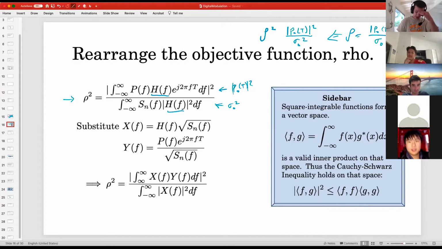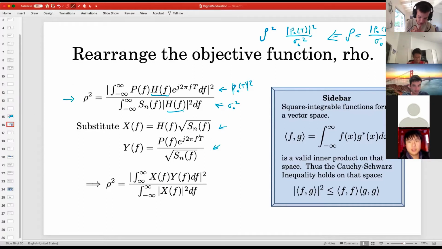So one way to go about this is to observe that we can decompose the numerator and the denominator into two functions. I'm going to call one of them X of f, and the other one big Y of f. If I make these substitutions, then the numerator becomes the integral of X(f) times Y(f).